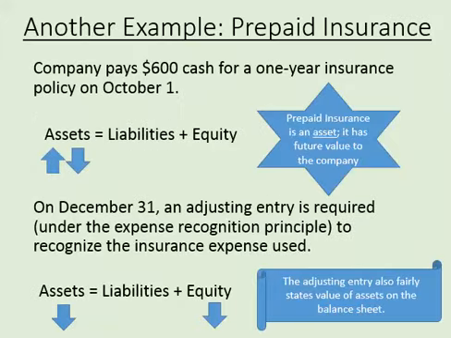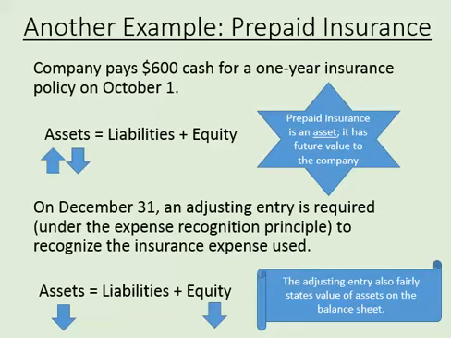Here's another example, prepaid insurance. This is another type of prepaid expense. So let's say a company pays $600 cash for a 1-year insurance policy, and it purchases the policy on October 1. Well, prepaid insurance is an asset to the company because it has future value.